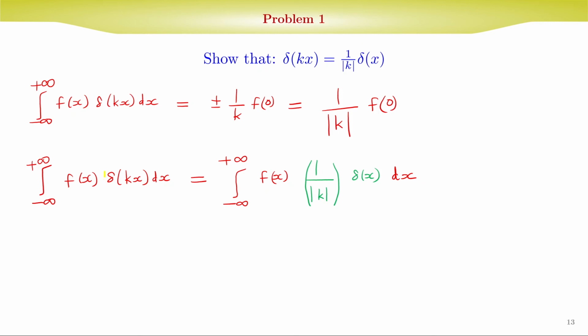Or under the integral sign, the delta(kx) serves the same purpose as 1 over modulus k delta(x). So this indicates that delta(kx) is equal to 1 over modulus k times delta(x).